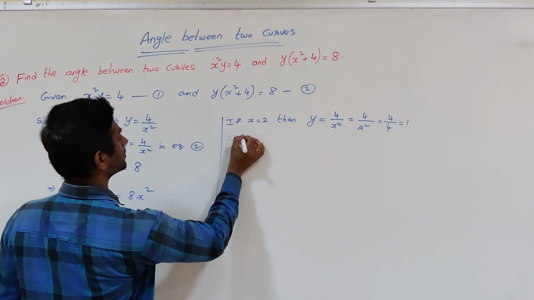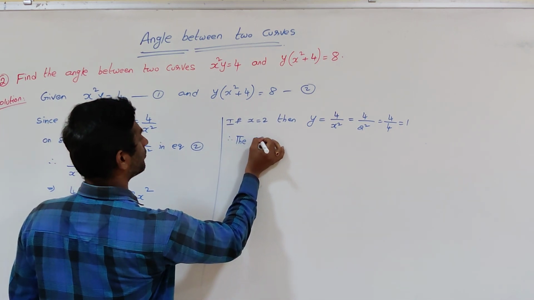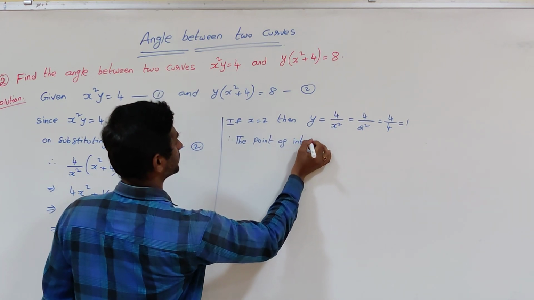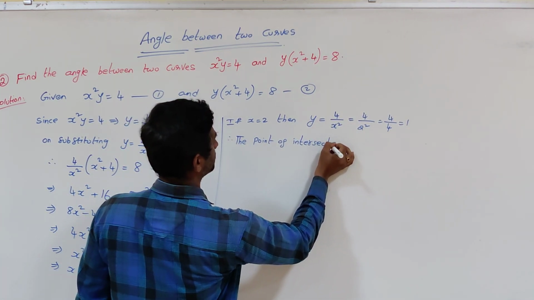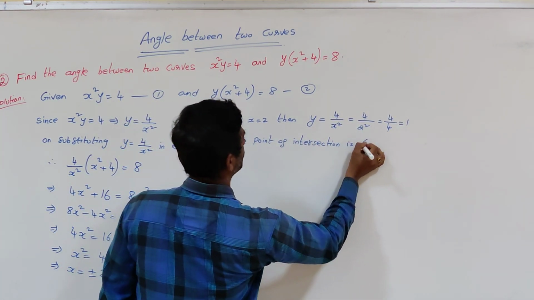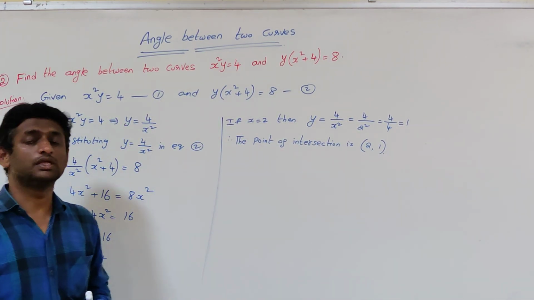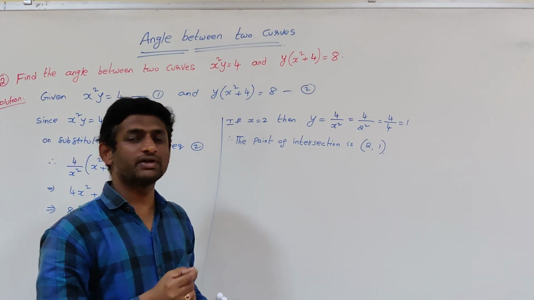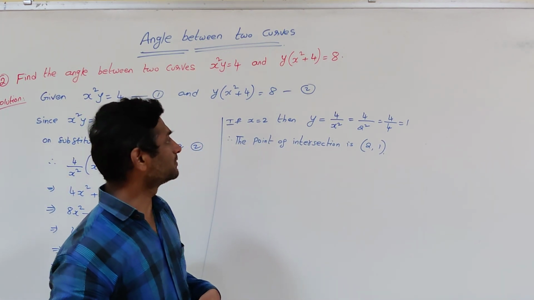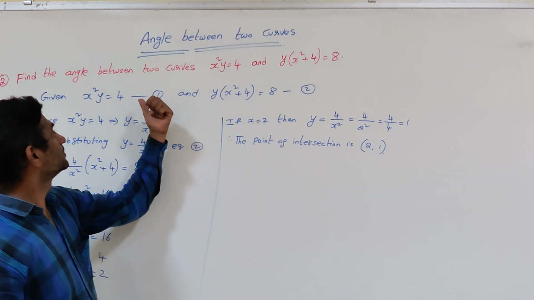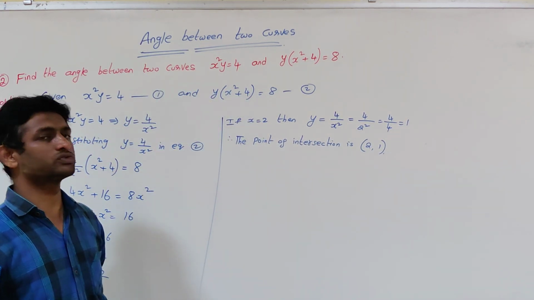So therefore the point of intersection is 2, 1, and you can check whether the point 2, 1 is the point of intersection. Substitute the point 2, 1 in both the curves, the right hand side will satisfy.